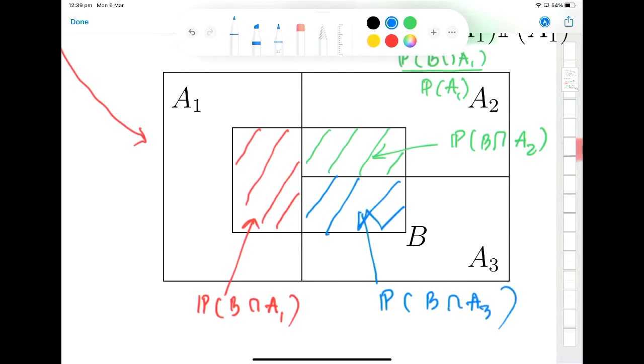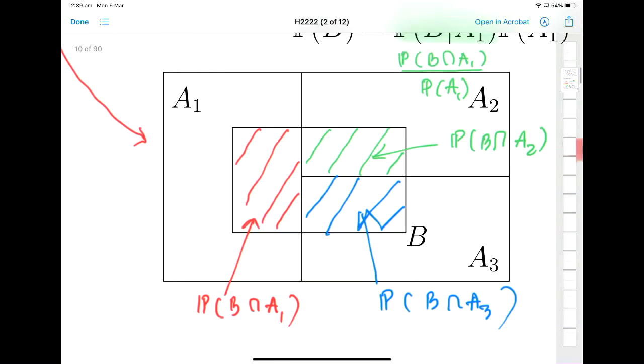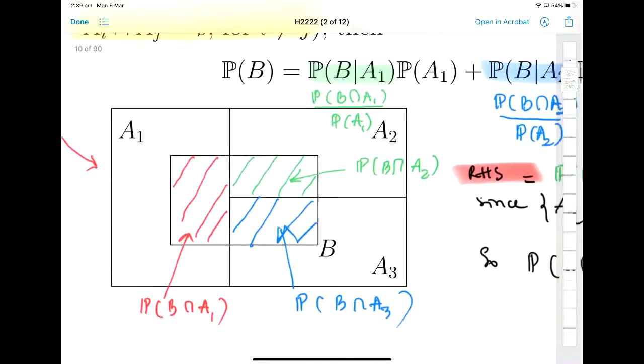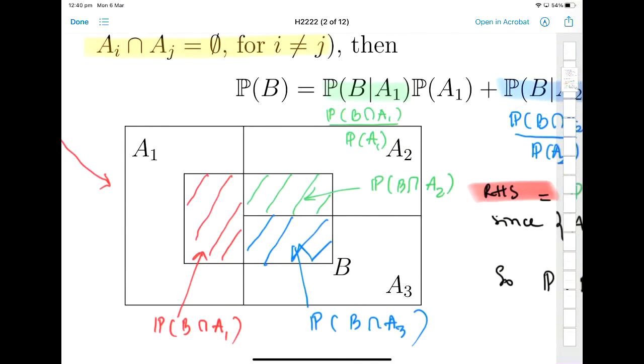So now just using the multiplicative rules, you can compute the probability of B intersect with A1. I don't have it here. So now you have the probability of B equals the probability of B intersect with A1 plus the probability of B intersect with A2 plus the probability of B intersect with A3.